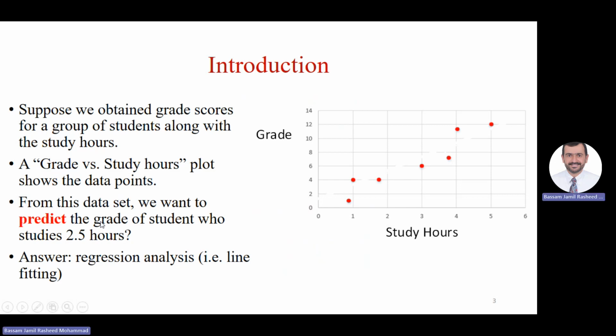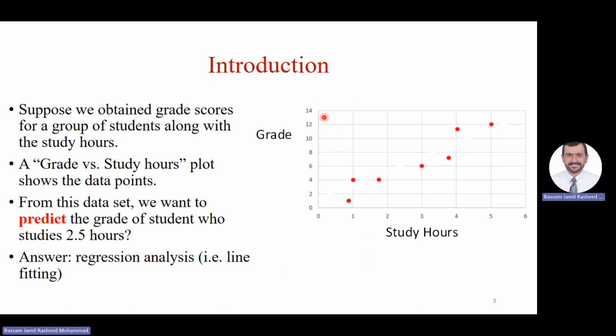Now let's do a quick introduction of what we are going to do here. We'll use an example. So suppose, for instance, we have, let me get my laser pointer here. Suppose that we have data of student grades with respect to their study hours.